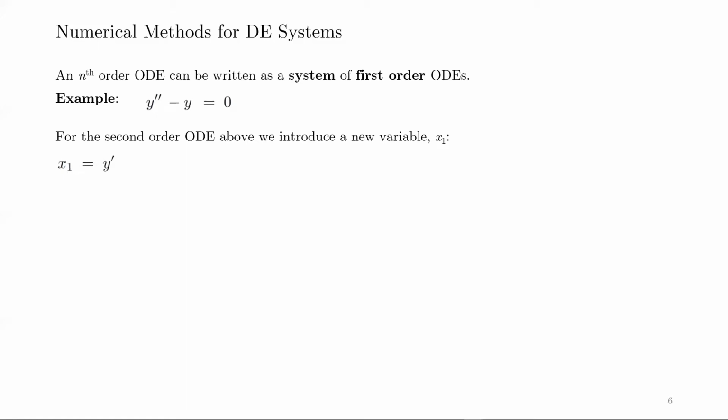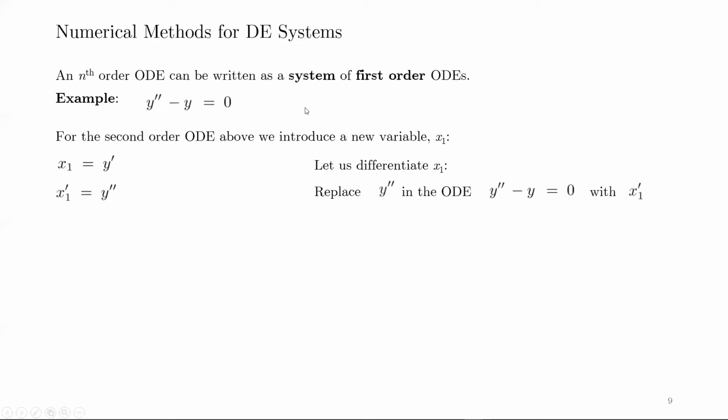Now if I differentiate x1, then I get x1 prime is equal to the derivative of y prime, which of course is just the second derivative of y. So here we have a differential equation for the variable y, and here we have a differential equation for the variable x1. But y double prime, the right hand side of x1 prime equals y double prime, if I look at the original ODE, I can rearrange this to write y double prime equals y.